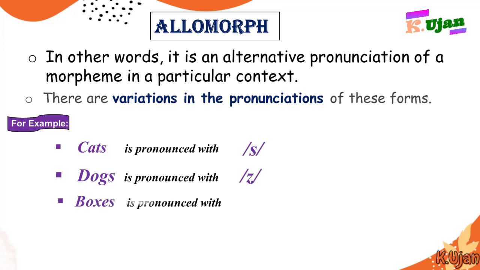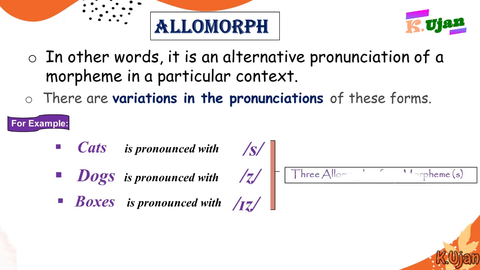Even in the word boxes, the s is pronounced as iz. So s is a morpheme. It has a grammatical function, and this s is pronounced in three variations. So there are three variant sounds of this morpheme. We could say this variation in pronunciations is known as allomorph. So three morphs of one morpheme s.